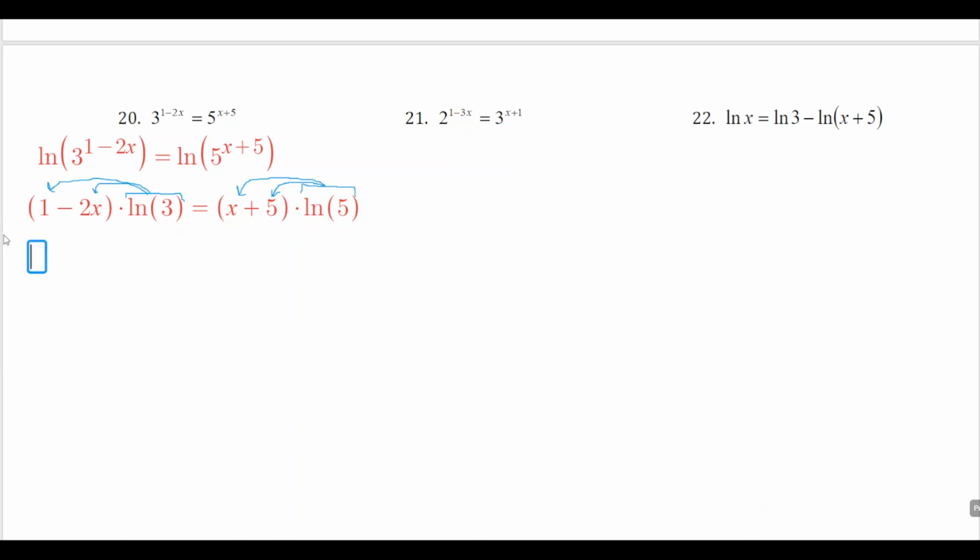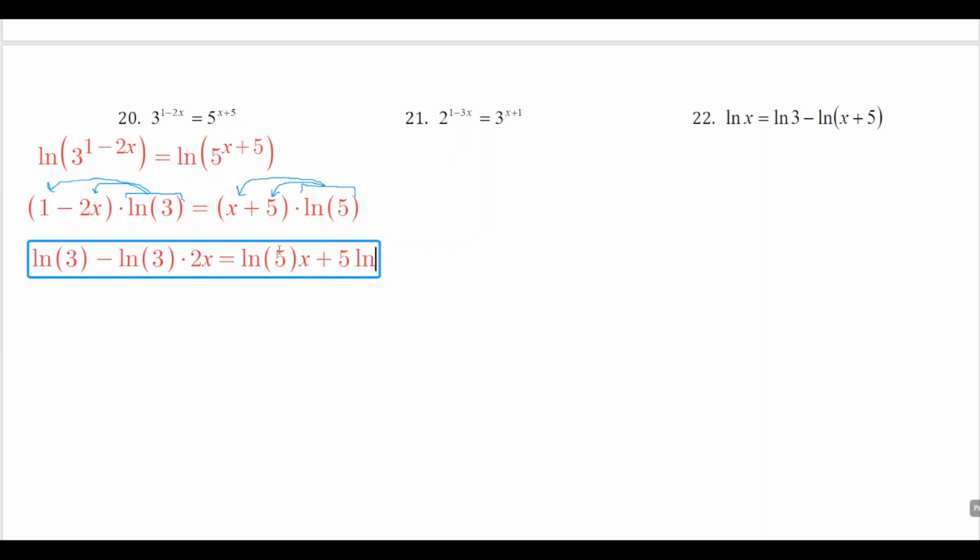So that's kind of where we're going with this. So here we get the natural log of 3 minus the natural log of 3 times 2x, okay, equals the natural log of 5 times x plus 5 times the natural log of 5.